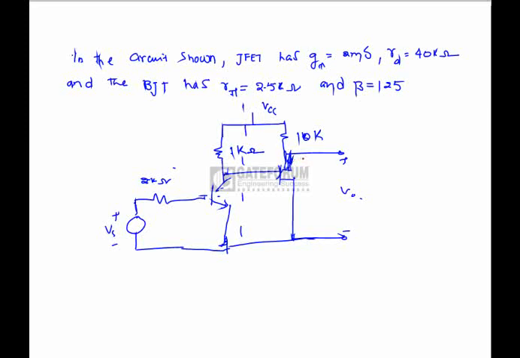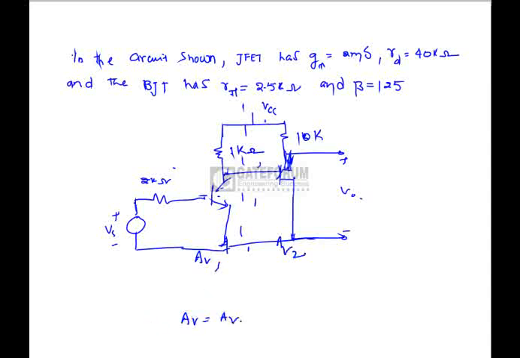In the circuit shown, the JFET has g_m and R_D, and the BJT has r_pi and beta, given as per the data in the question. Now we have to calculate the gain. This is the first stage whose gain is A_V1, the second stage is A_V2.